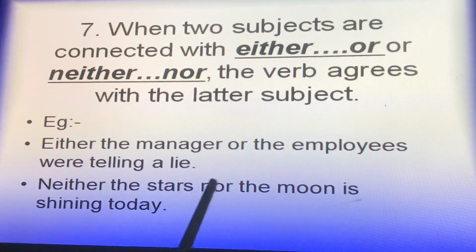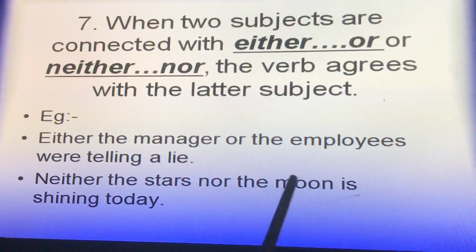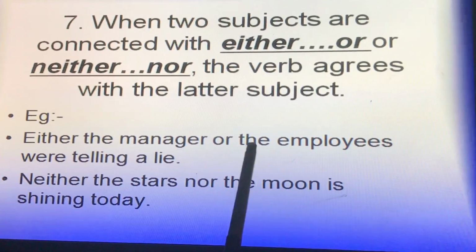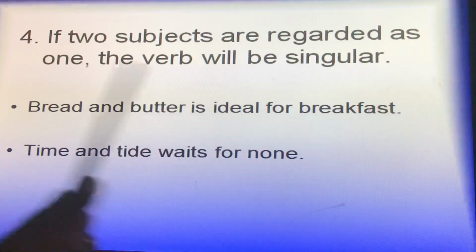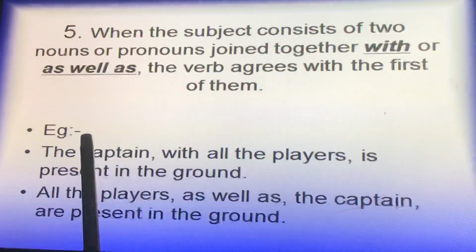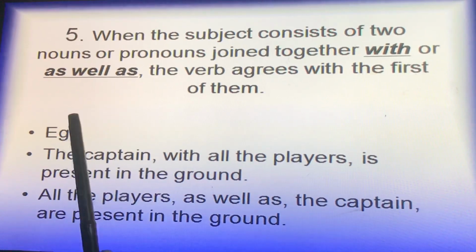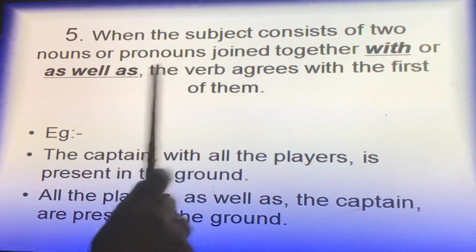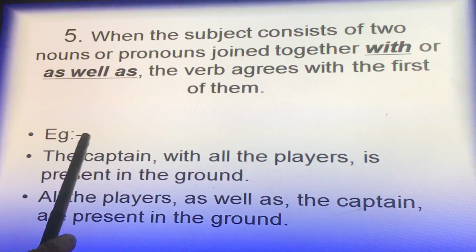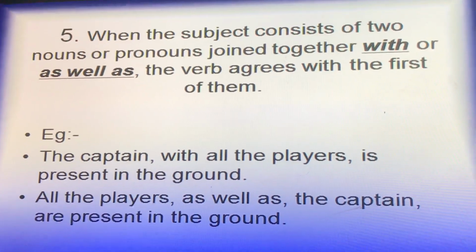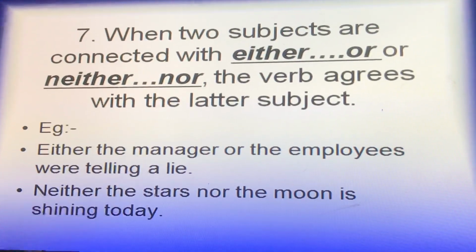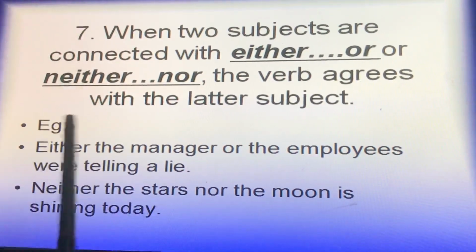Neither the stars nor the sun is. Sun is singular, so we are using is here. In the fifth rule, we studied if we are joining with "with" or "as well as", then go for the first subject. But in the seventh, if either or, neither nor is given, then go for the second one.